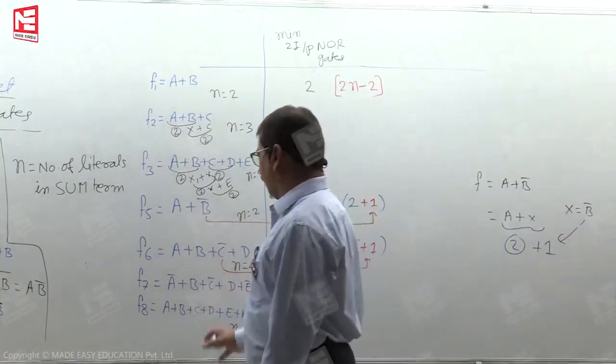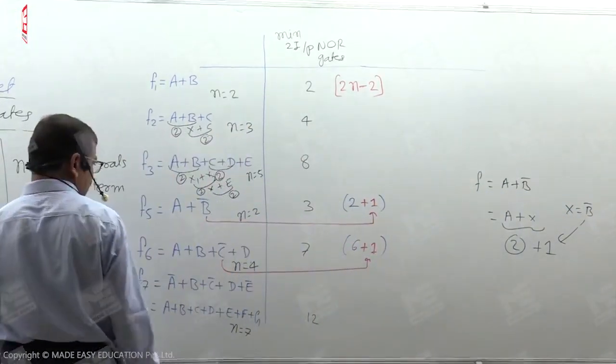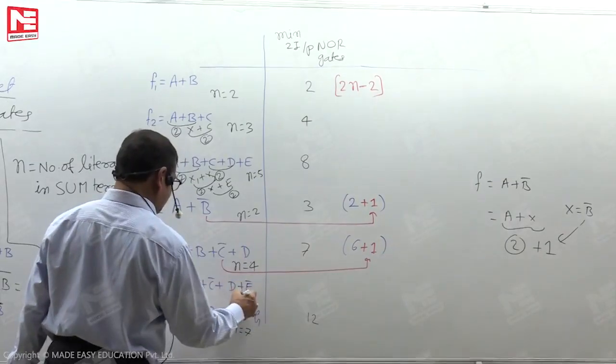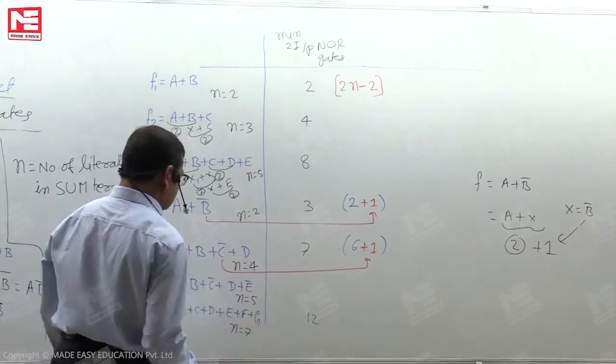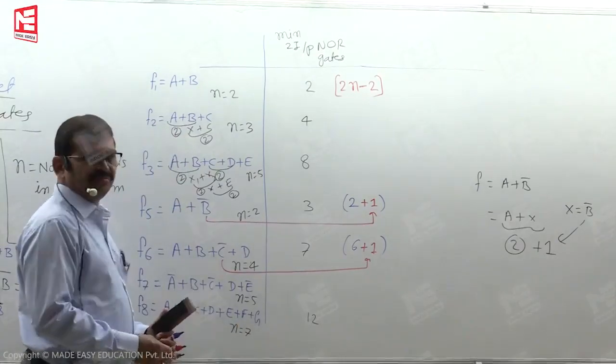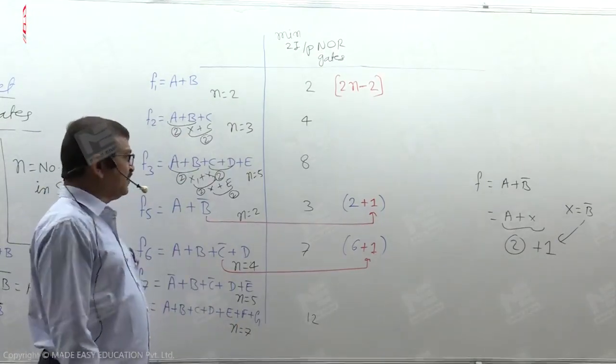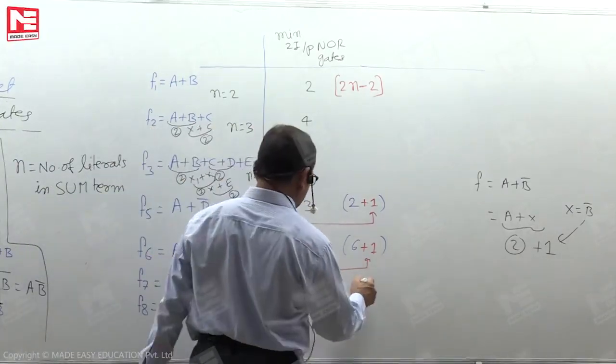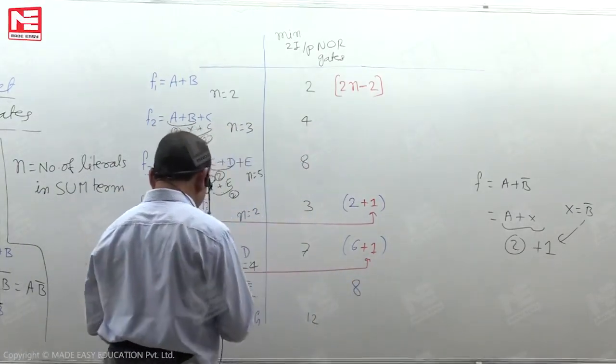Similarly, for F7, here n is 5. So 5 into 2 is 10, 10 minus 2, 8.